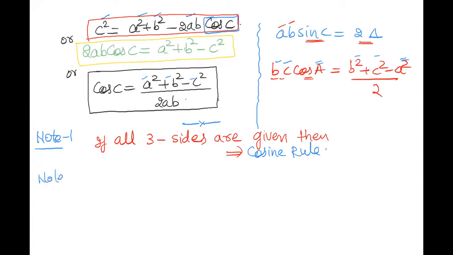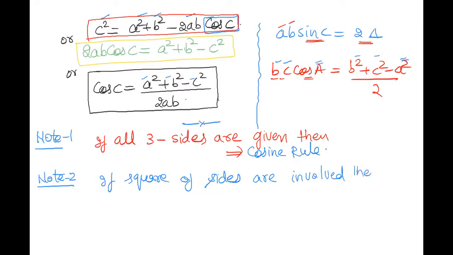Note number 2: if squares of sides are involved, then also think of the cosine rule. So if squares of sides are involved, that would imply the cosine rule.